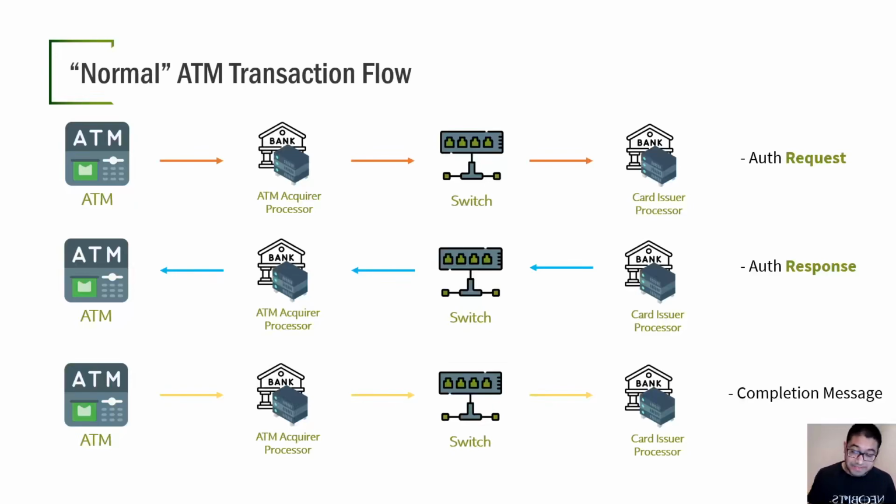If at the end of these authorizations the ATM sees that everything is all right and that it can dispense the money, it will do so, and then the ATM will send a completion message to the card issuer processor. This is the normal flow.